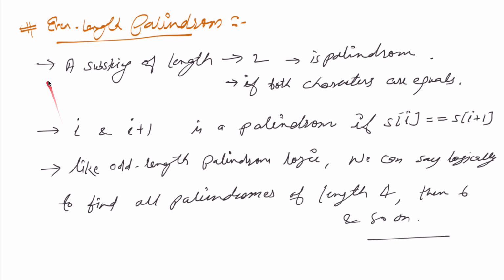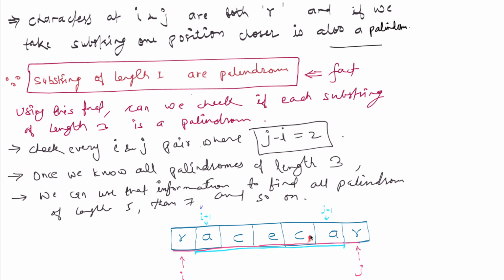Let's understand the even length palindrome. This was for the odd length palindrome, where we have C, E, C, which is 3; we don't have 2.